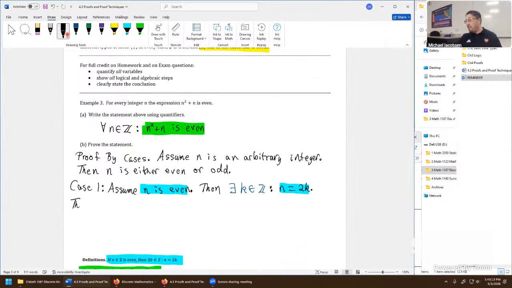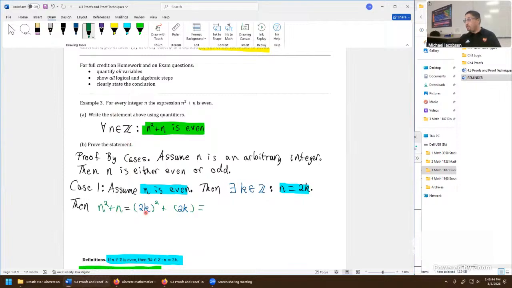We can say here, then n squared plus n is going to be equal to something squared plus something. But we now have a form to write n in. It's going to be written in as a 2k on both of those spots. At this stage, it's flowing just like example 1 and 2. The only thing that's really new here is we had to tack this statement on a proof by cases.